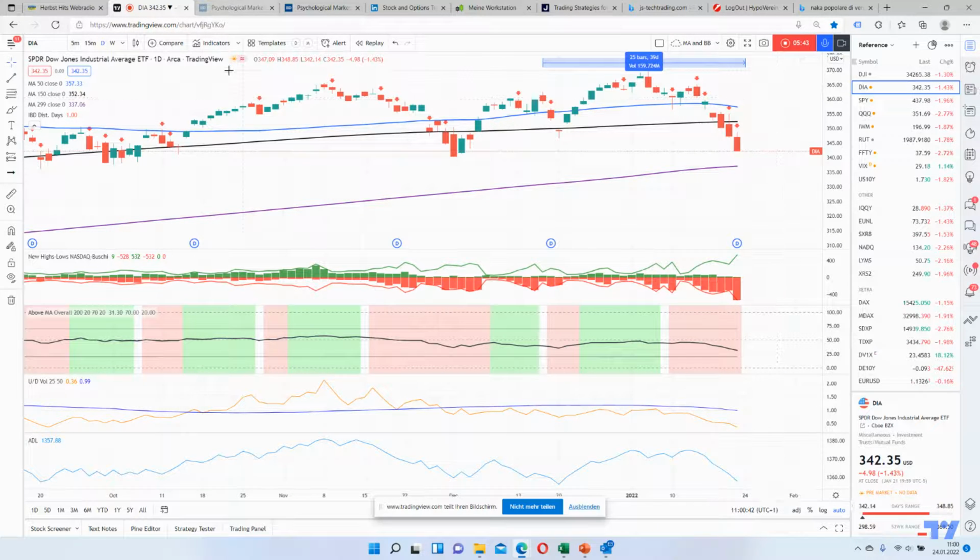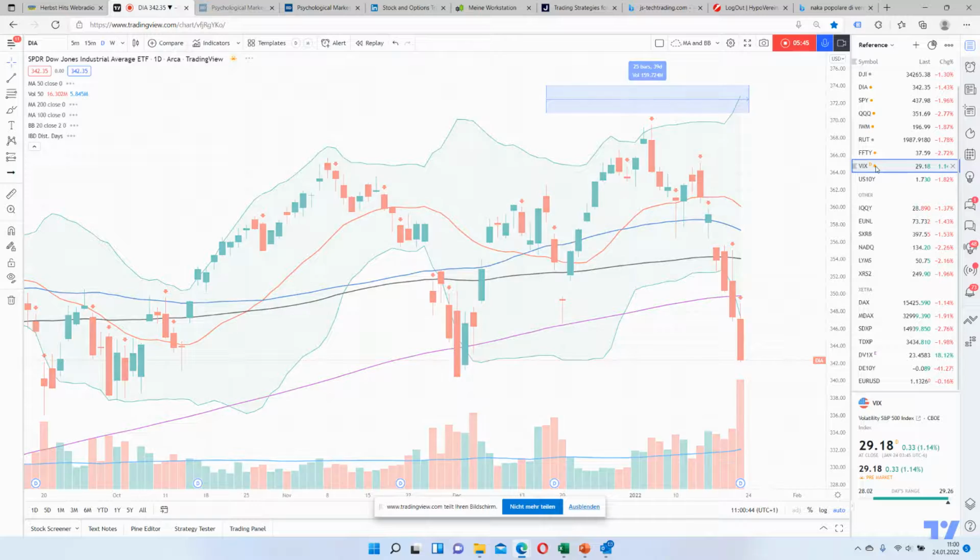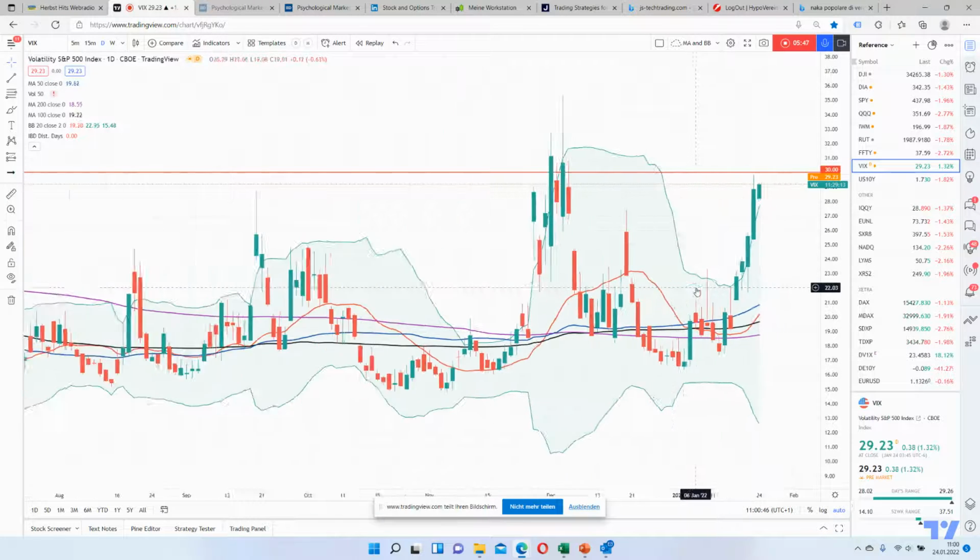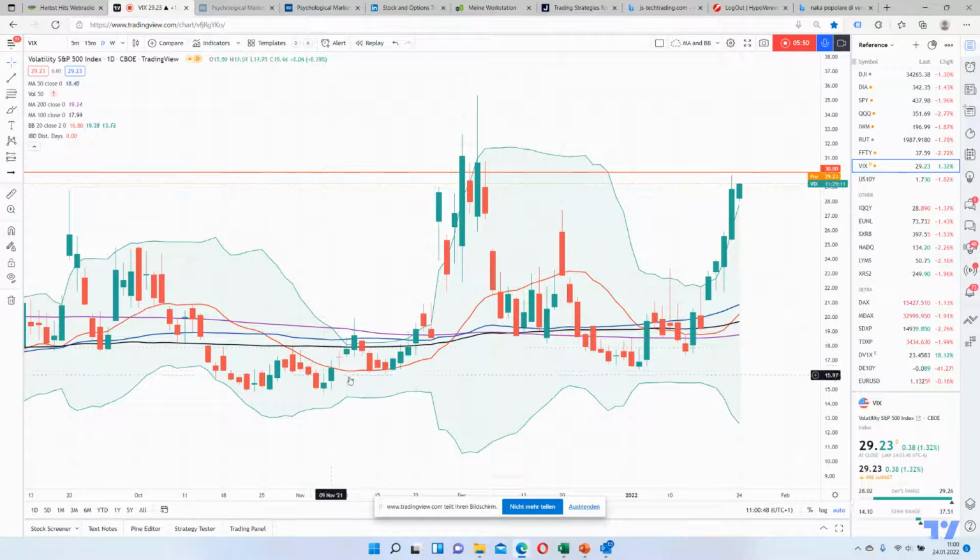But we can also look at the volatility index, where we ideally see the low range of around 15, maximum 20. We do not want to see spikes towards this critical limit of 30.